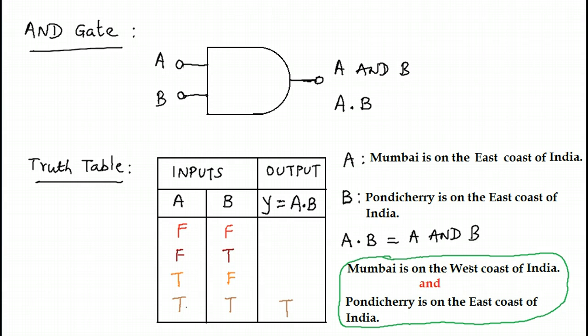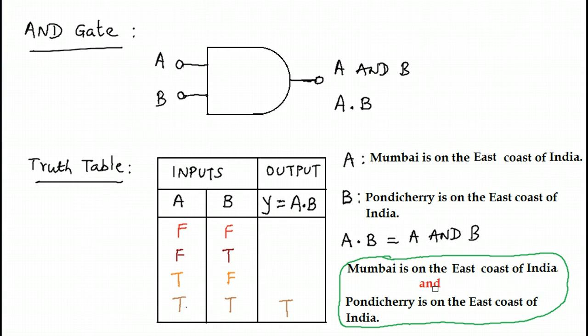Now look at the entire statement made by combining the two statements. I have to change this west to east like that, and now ask yourself the question, is a person who makes this entire statement, that is Mumbai is on the east coast of India and Pondicherry is on the east coast of India, speaking truthfully or not?